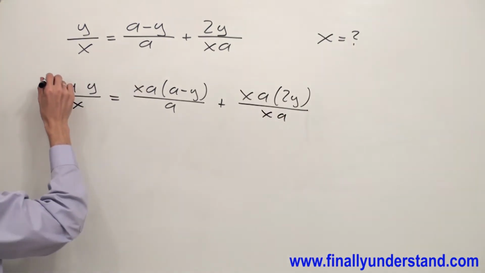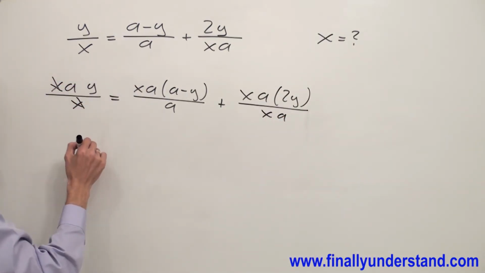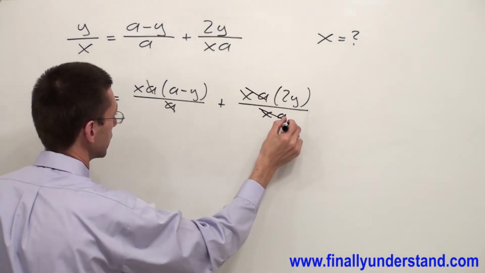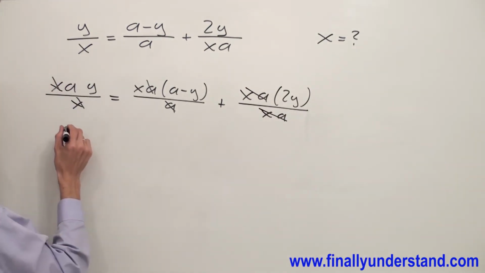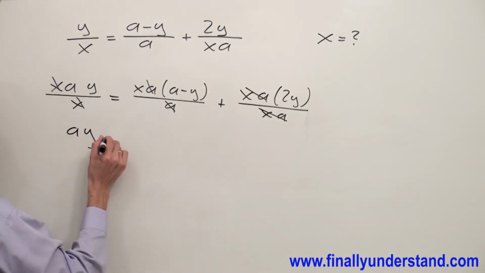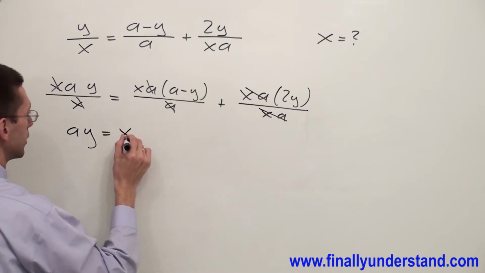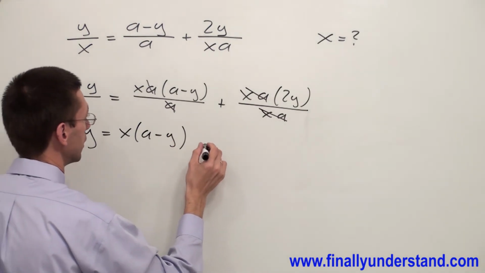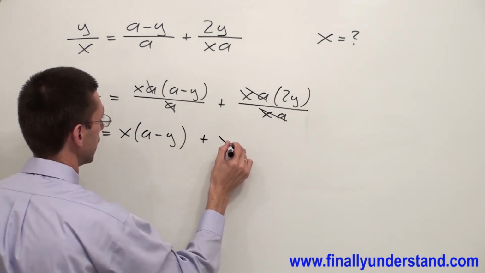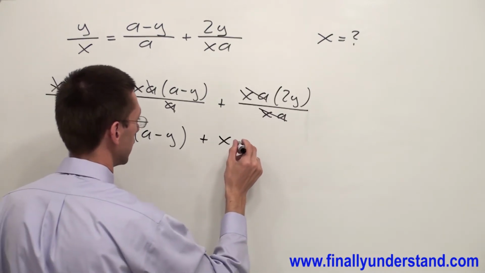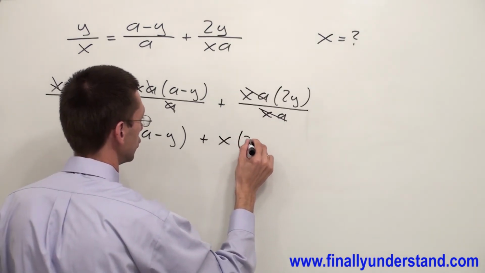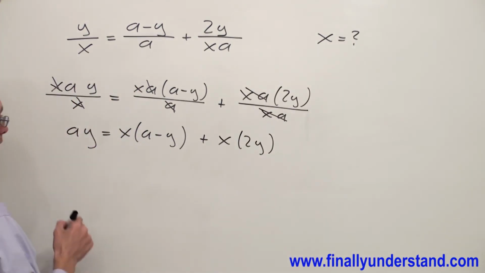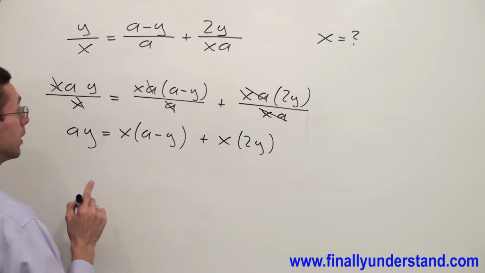Okay, so x and x will cancel out, a and a will cancel out, xa and xa will cancel out. That's why I'm going to have ay equals x(a minus y) plus x, and I have 2y.